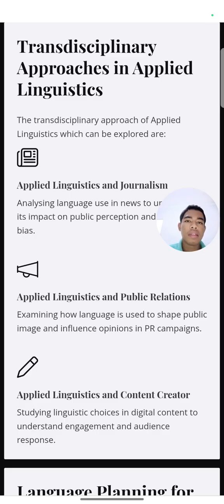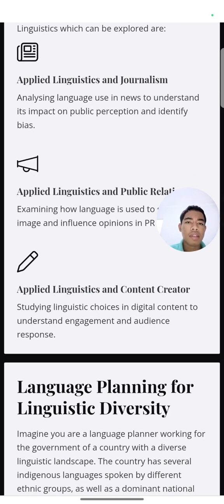Transdisciplinary approach in applied linguistics. Applied linguistics and journalism: analyzing language used in news to understand its impact on public perception and identify bias.